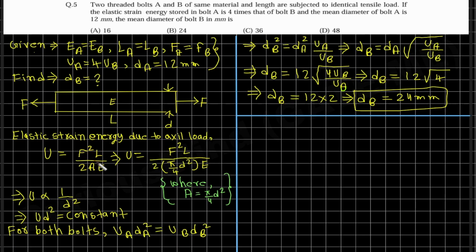To begin with, we can see that each threaded bolt is an elastic member. So the corresponding assumption is that the bar is an elastic body.